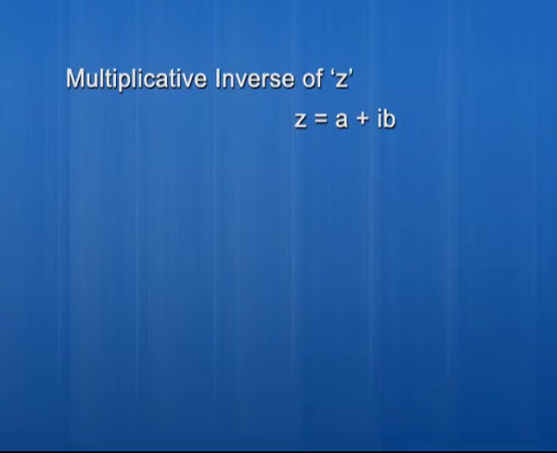Now finally, we move on to the multiplicative inverse of complex numbers. Suppose we have z is equal to a plus ib, then what will be the multiplicative inverse of z? Before proceeding ahead, I would like you to define what is actually a multiplicative inverse.